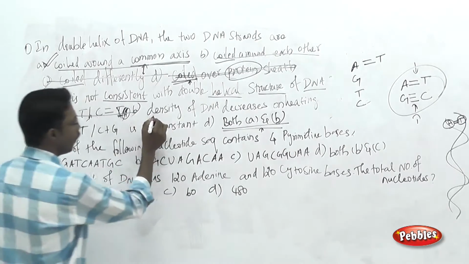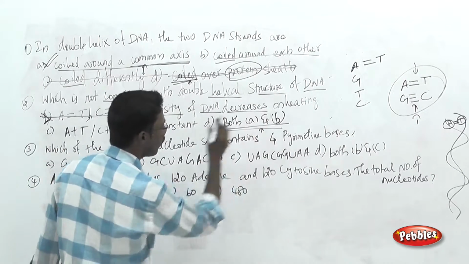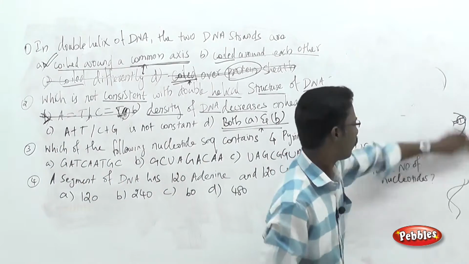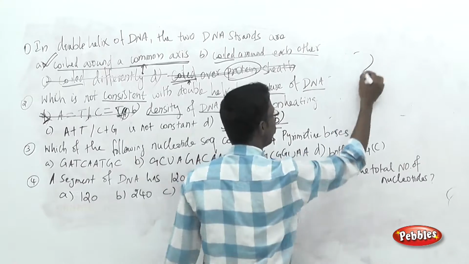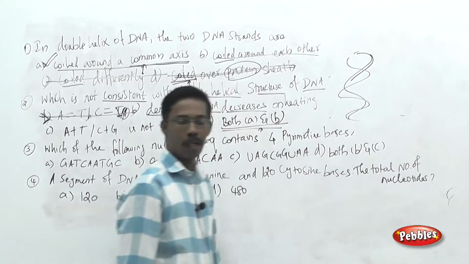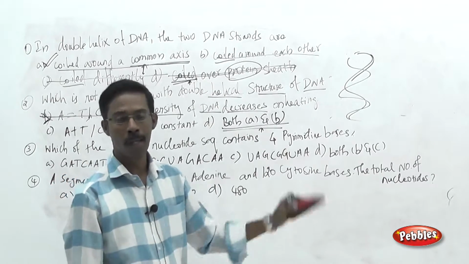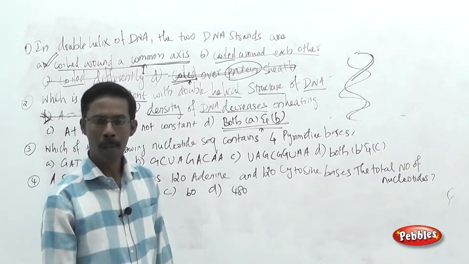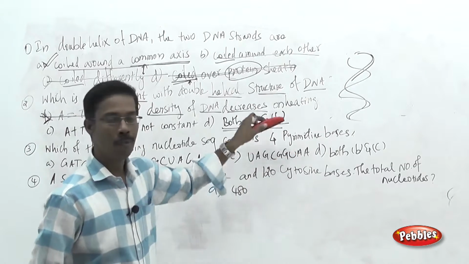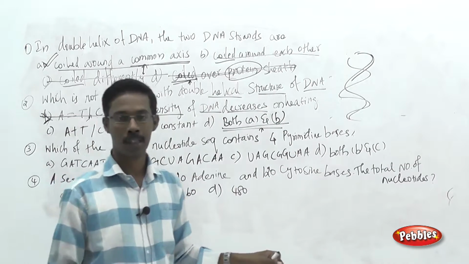Now, density of DNA decreases on heating. So what is density? It is a double helical structure filled with nitrogenous bases connected by hydrogen bonds. What will happen while you are heating DNA in a solution? Heating will denature the structure.